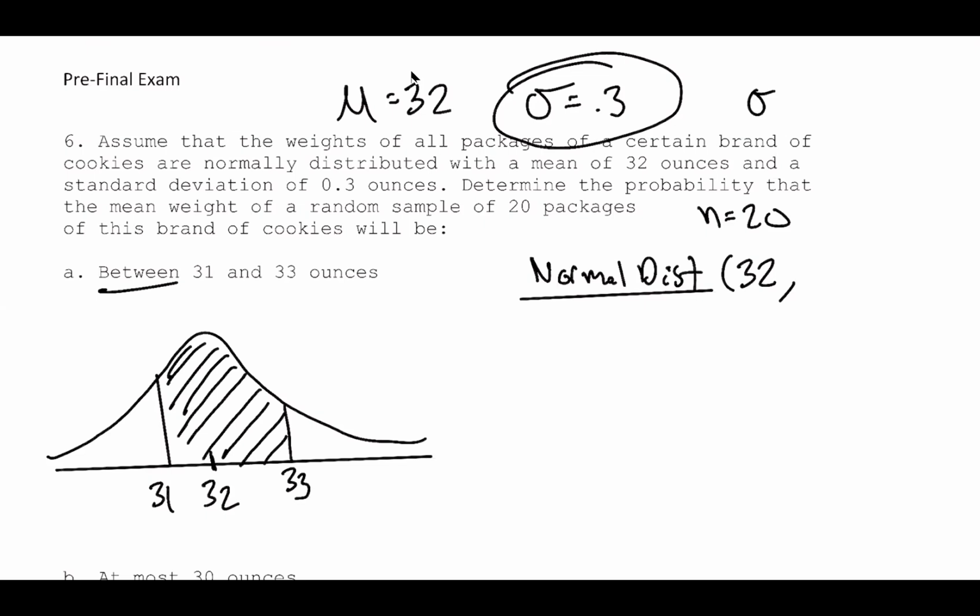Because we have to find sigma of x bar, which is 0.3 divided by square root of 20. If you do 0.3 divided by square root of 20, you should get 0.067, and you put this in over here.